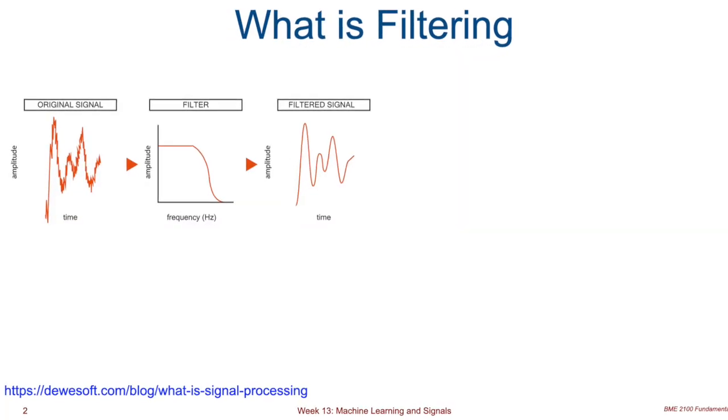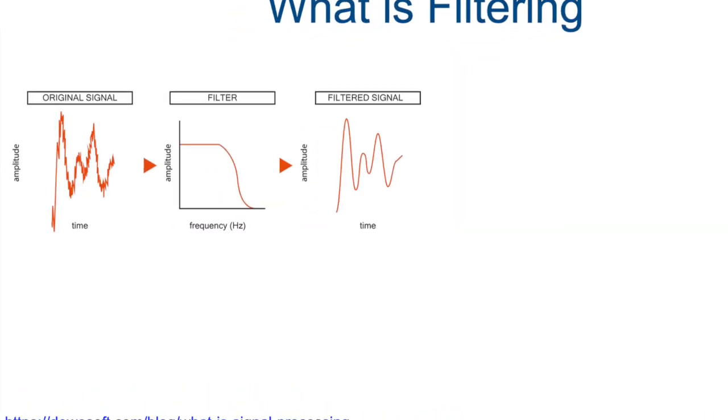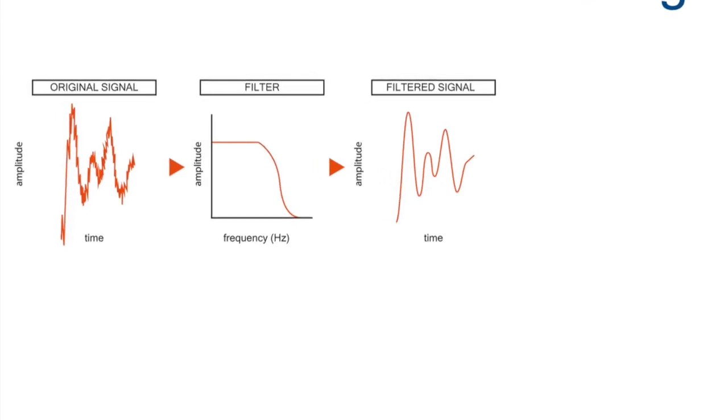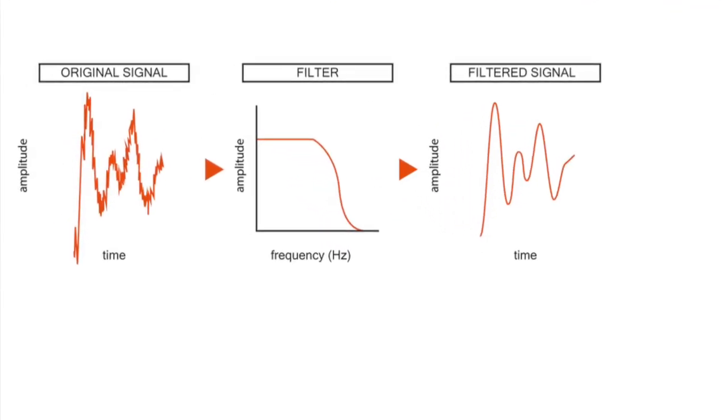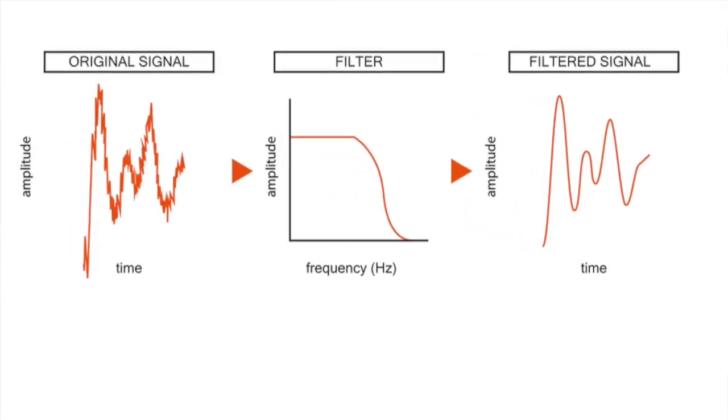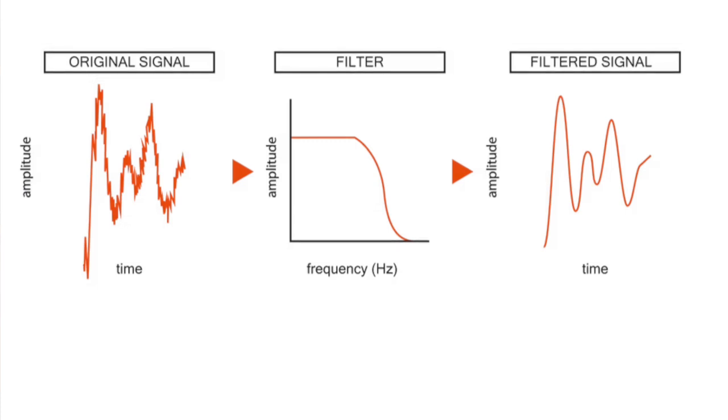Generically, you can see in this image here, we have an original signal, and you can tell there's some low frequency stuff and then some high frequency noise over top of it. If we pass it through a filter like the one described here, which we call a low pass, the amplitudes at the lower frequencies are transmitted through, and the ones at higher frequencies are attenuated or damped out.